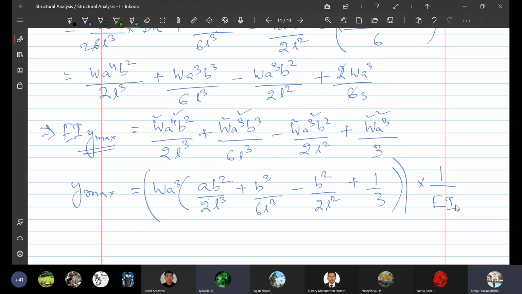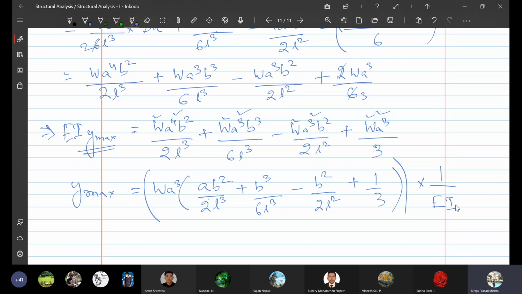Where the bending moment changes. Yes, where the bending moment changes its sign, from positive to negative or negative to positive. So if it is changing its sign from positive to negative or negative to positive, can I say that where the bending moment is 0?